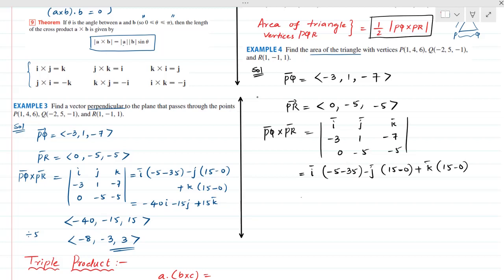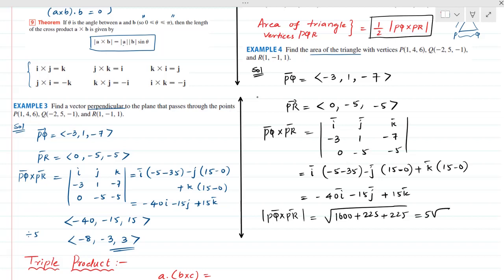If you simplify, you will get -40i minus 15j plus 15k. That's it. And then I have to take the magnitude. What is the magnitude here? Square root of 1600 plus 15 squared, 225, again 15 squared, 225. The final answer will be 5 root 82.